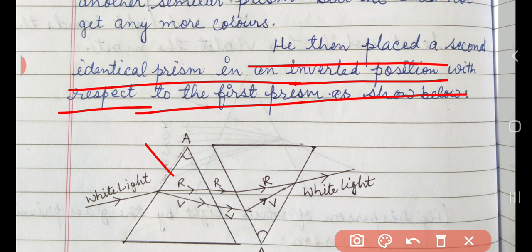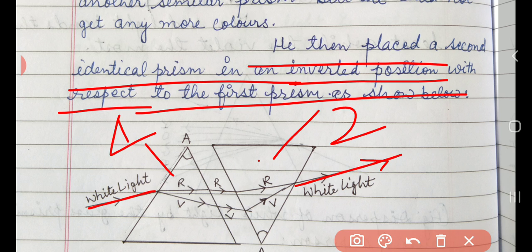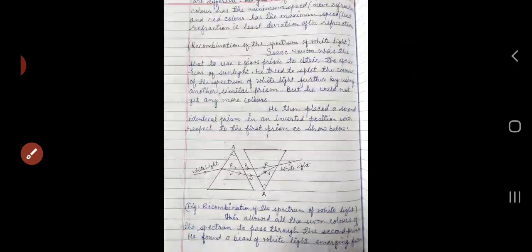Suppose this is the first prism and this is the second prism. When light enters the first prism, it refracts and splits into a spectrum from red to violet. Then this spectrum enters the inverted second prism, and the spectrum of white light recombines, and white light comes out. So this is the recombination.